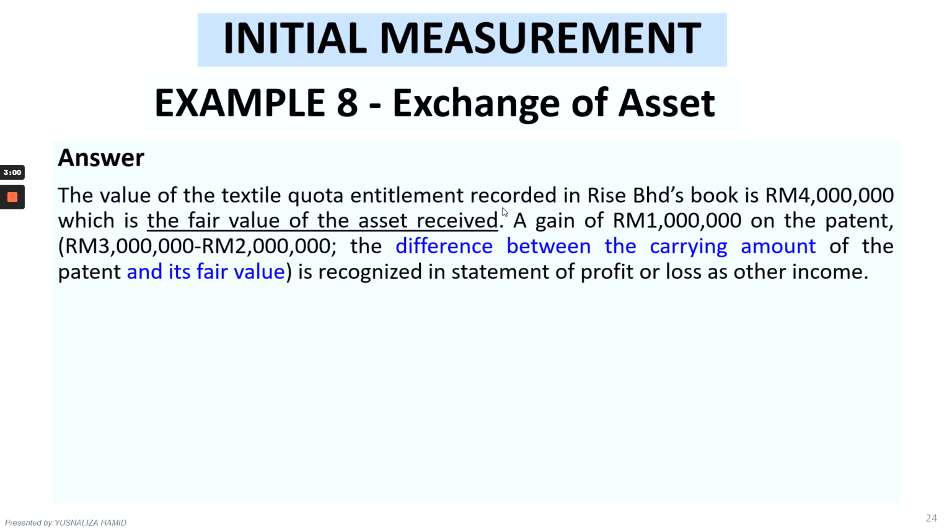The value of the quota here is 4 million, and this is the fair value of the asset that Rice would like to have, which is the fair value of the asset received.